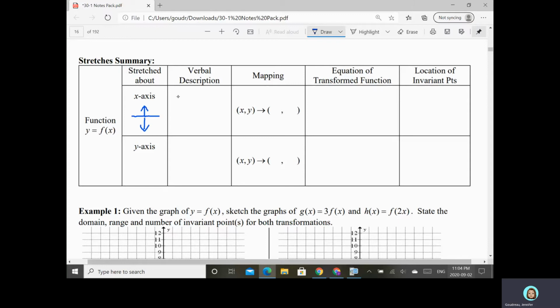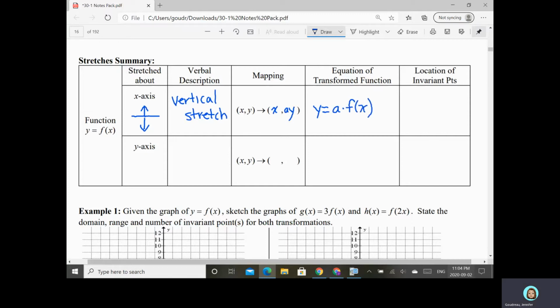Our verbal description is that that is a vertical stretch. The mapping is (x, y) becomes (x, ay). Our function goes from being f of x to being y equals a times f of x.